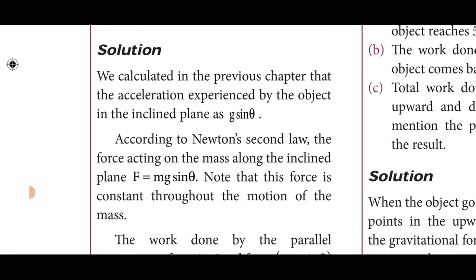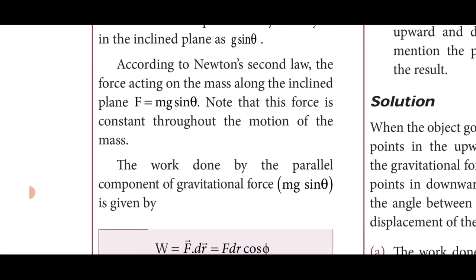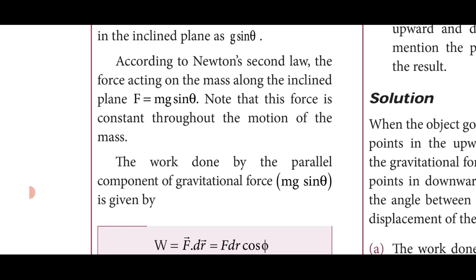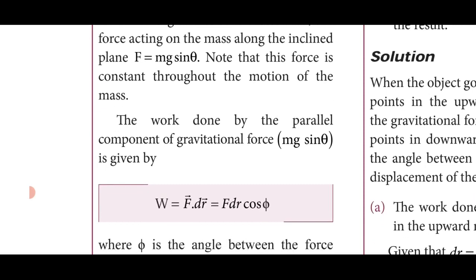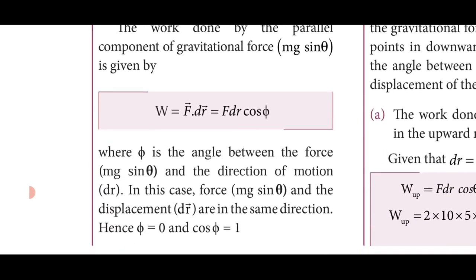In the previous chapter we calculated that the acceleration experienced by the object on the inclined plane is g sin theta. According to Newton's second law, the force acting on the mass along the inclined plane is F equal to mg sin theta. Note that this force is constant throughout the motion of the mass. So the work done is by the parallel component of the gravitational force, mg sin theta.